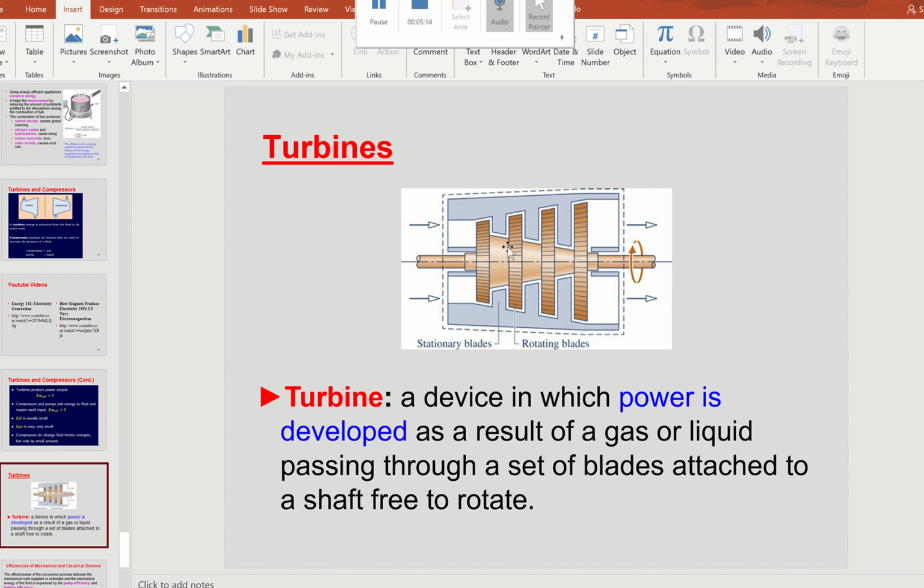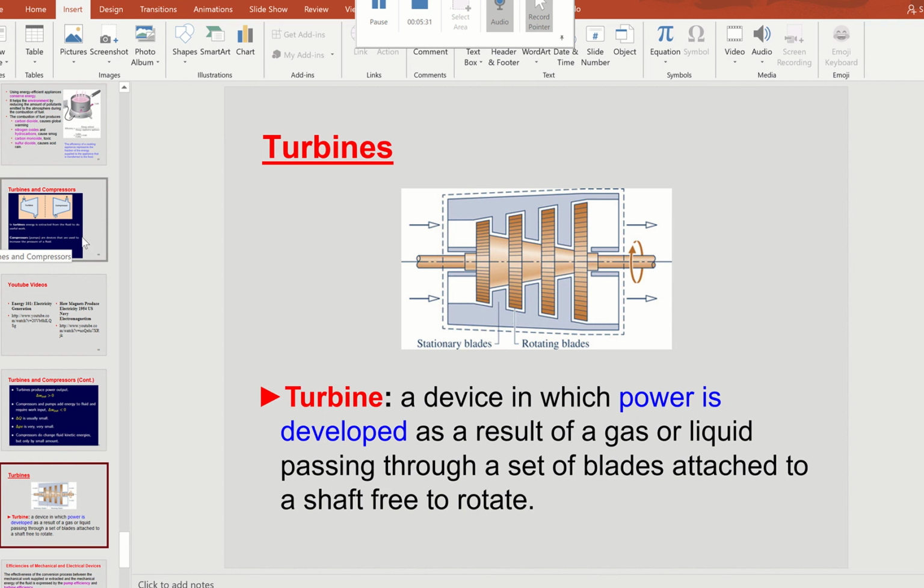When the superheated vapor goes through, it turns those blades, therefore turning the shaft. In other words, the thermal energy is converted to mechanical energy. So then you have this turning shaft.